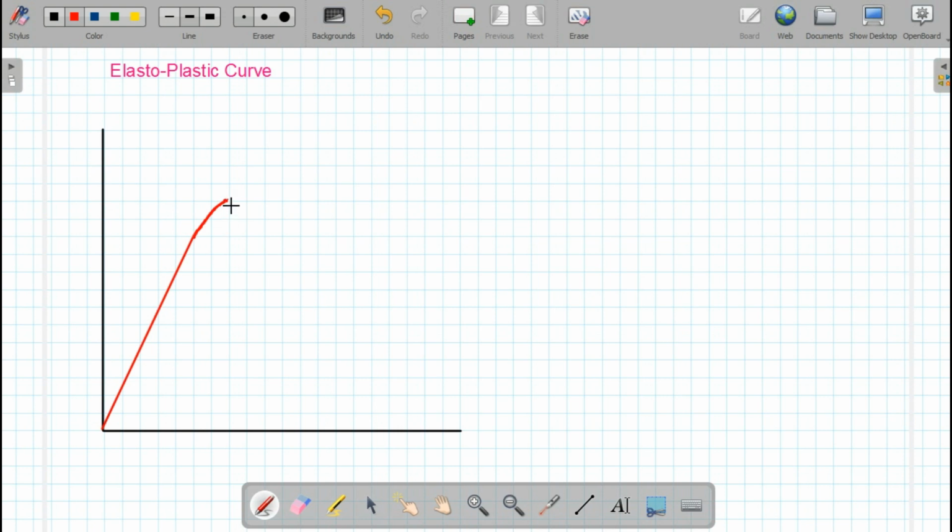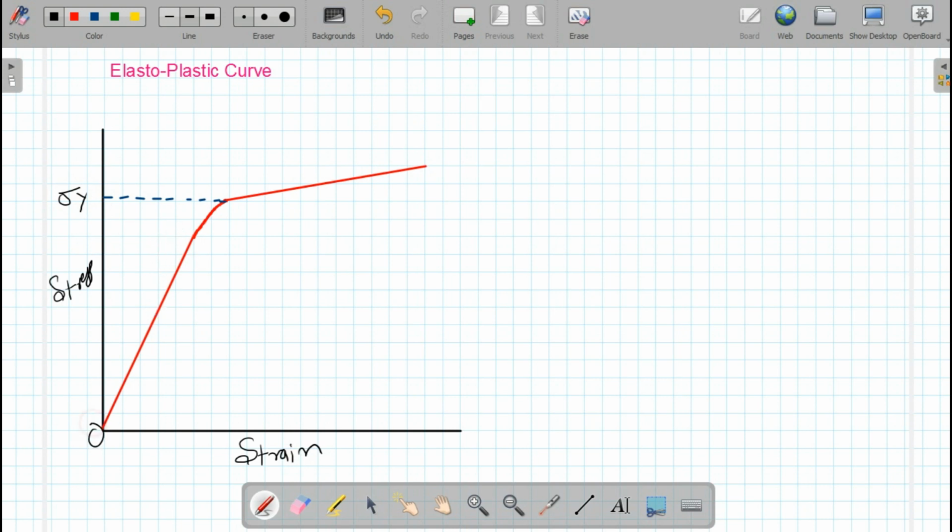Okay, so that's going to be your yield point, and that's your yield stress, strength, that's your sigma y, yield.